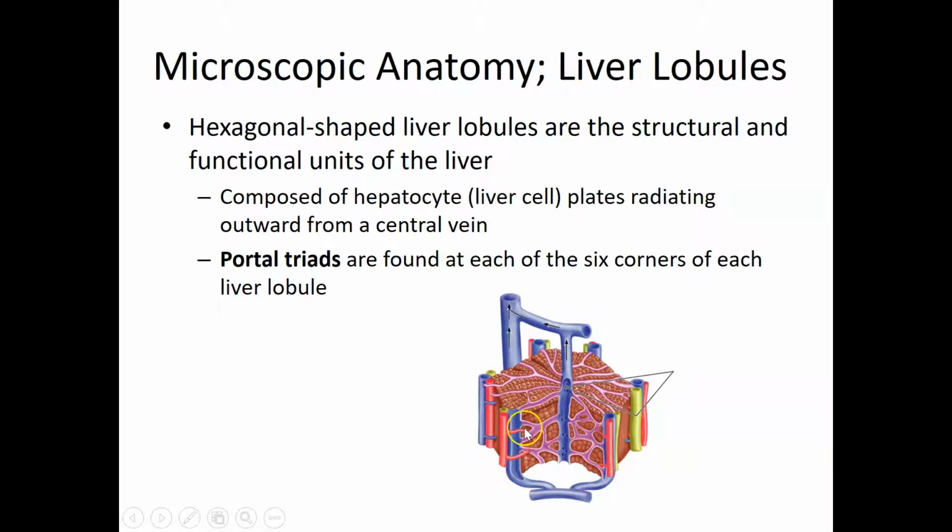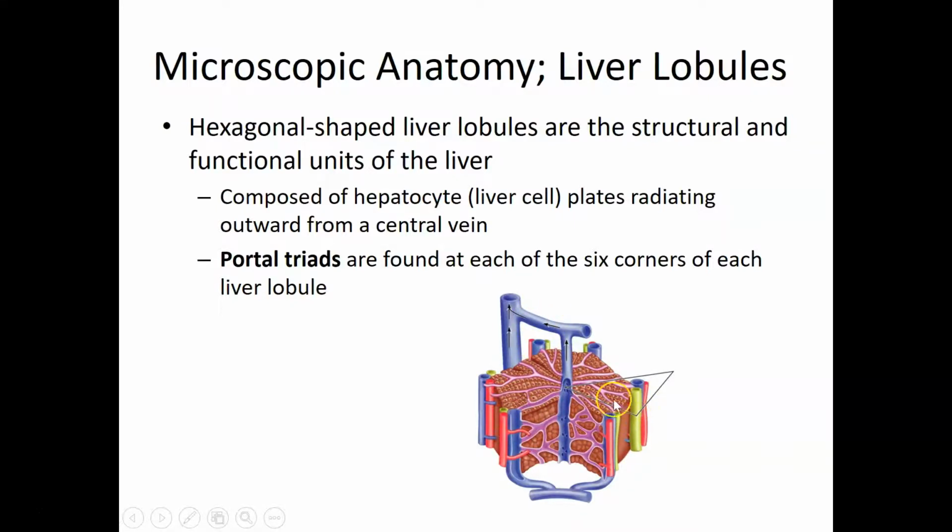These are going to connect to the liver sinusoid capillaries, and blood from these 2 vessels is going to filter through the hepatocytes and then eventually make it into the central vein. And then it's going to circulate away from the liver lobule.